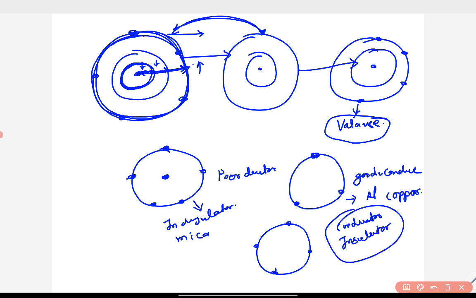This is known as a semiconductor atom or device.